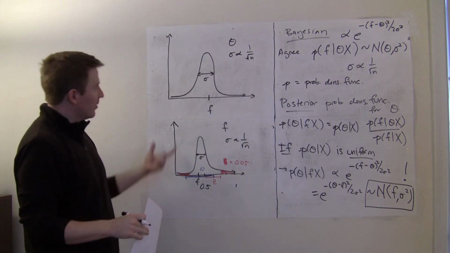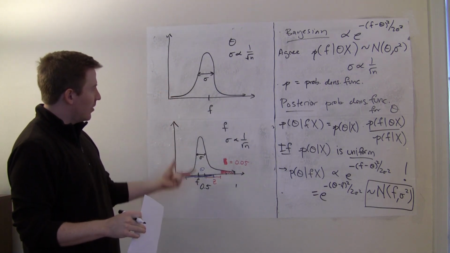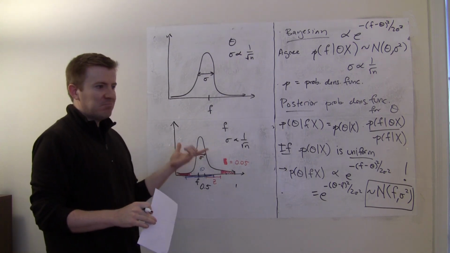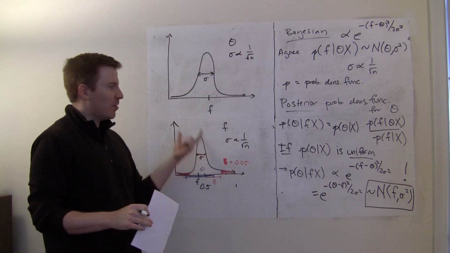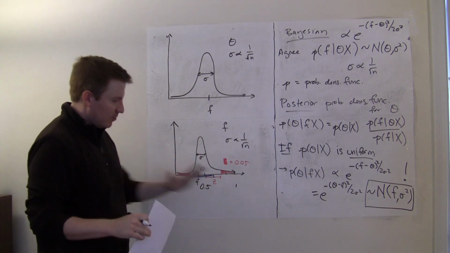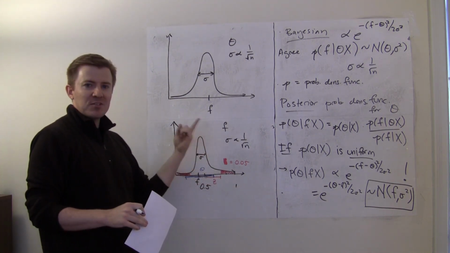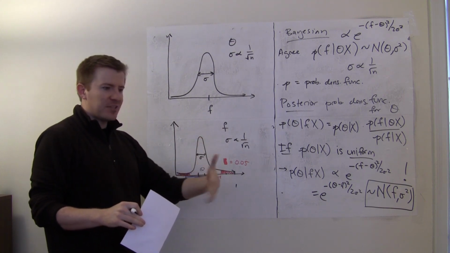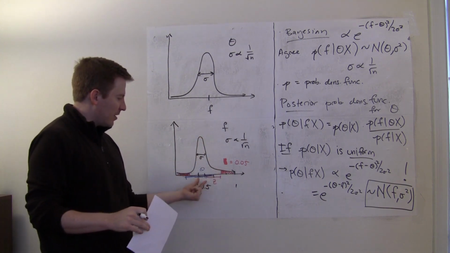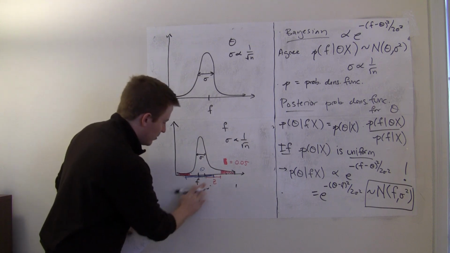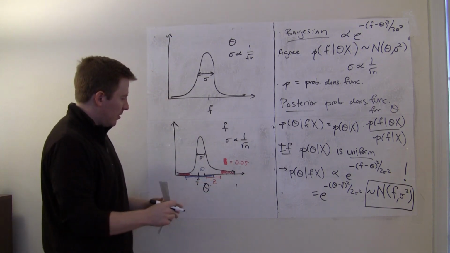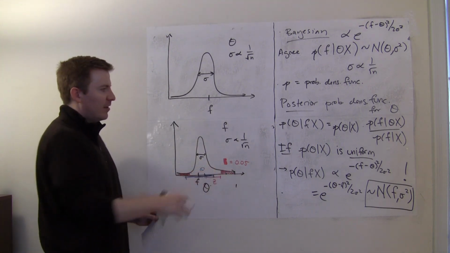Okay, so if we look carefully at these two graphs, we should see that they are saying the same thing. The orthodox argument got us to this sampling distribution for f, which is its frequencies over many possible trials, assuming that the value theta was fixed and unknown. So f varies around theta.